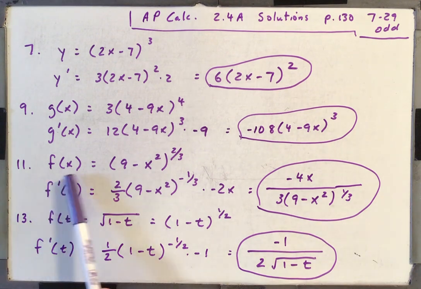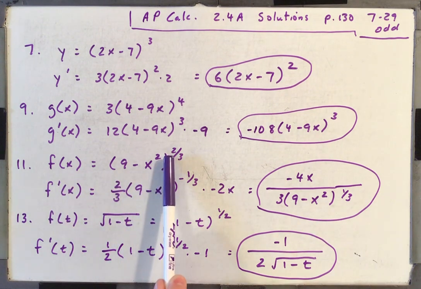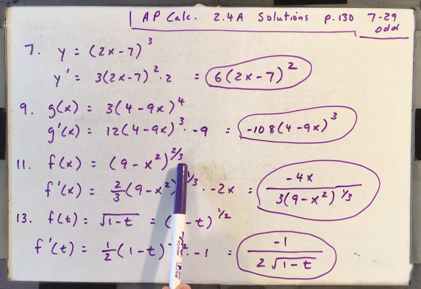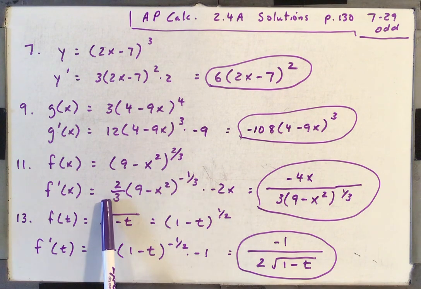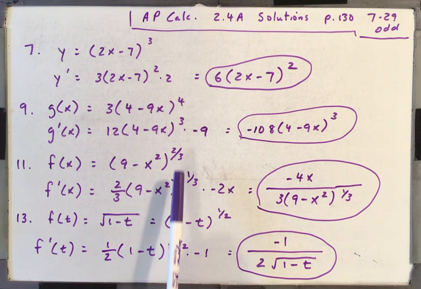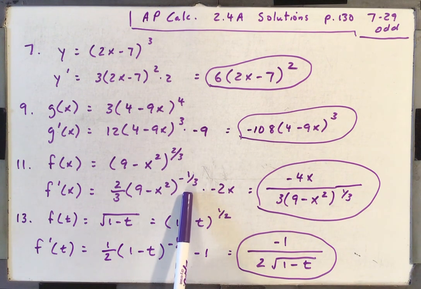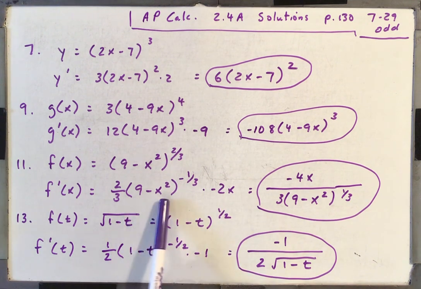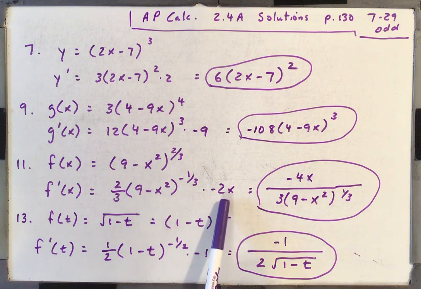All right, number 11, f of x is 9 minus x squared to the 2/3 power. So we bring the 2/3 out front, times 9 minus x squared, 2/3 minus 1, or minus 3/3, is negative 1/3. Times the derivative of the blob, that's going to be negative 2x.